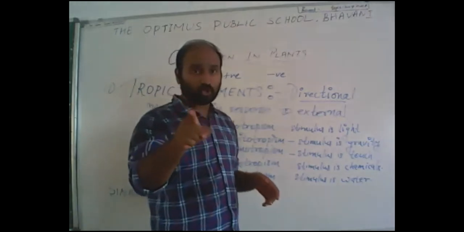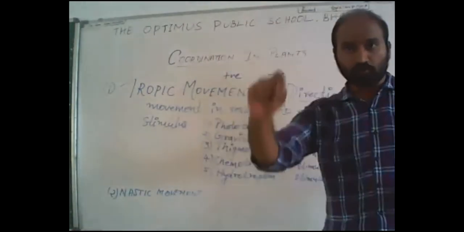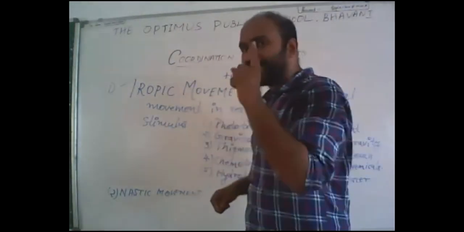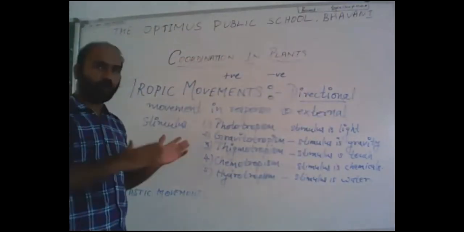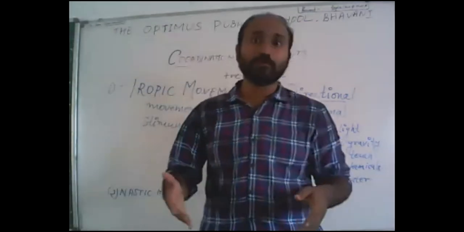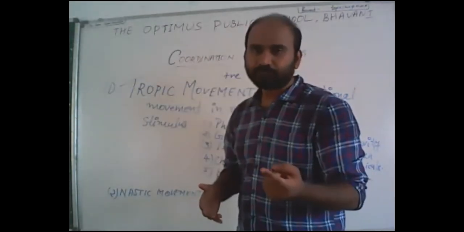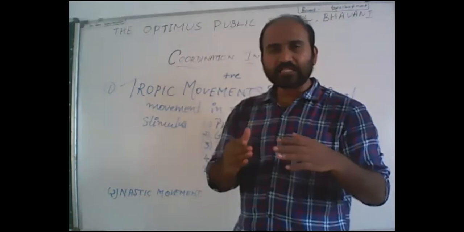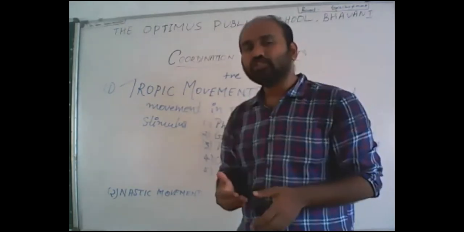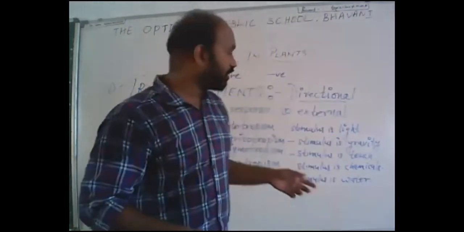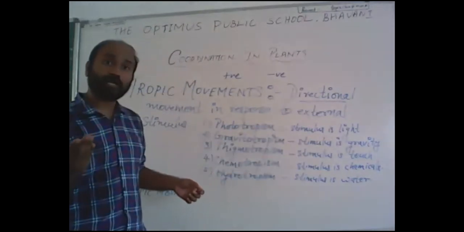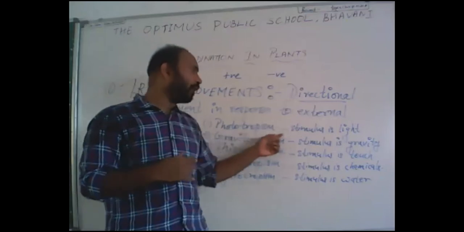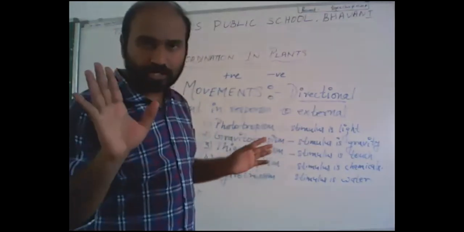After this class, I'll always be talking about positive tropism and negative tropism. Positive tropism means towards, and negative tropism means away from the stimulus. So here, the stimulus is light. Towards the light, positive tropism. Which part of the plant shows that? The shoot part. The root part shows negative phototropism. Understood?